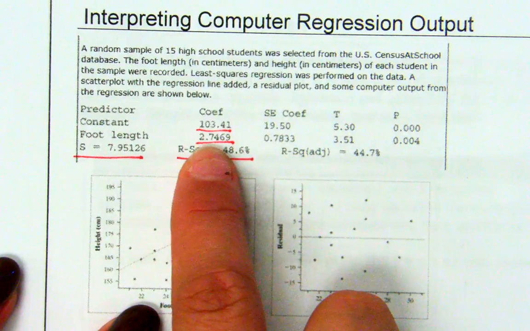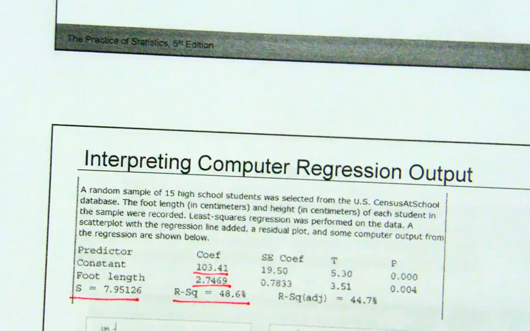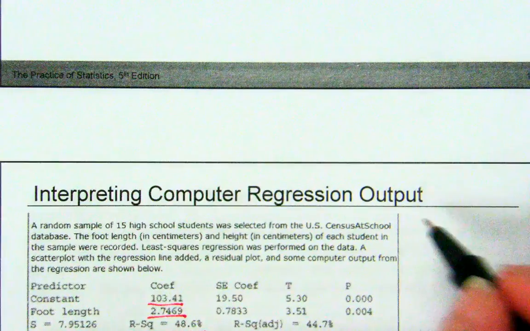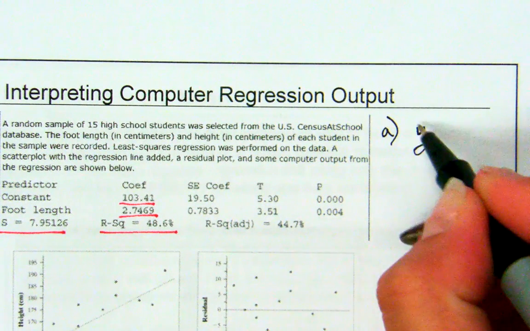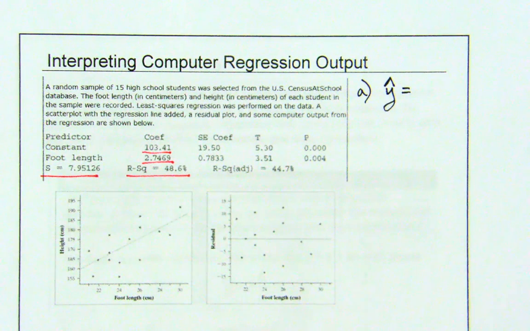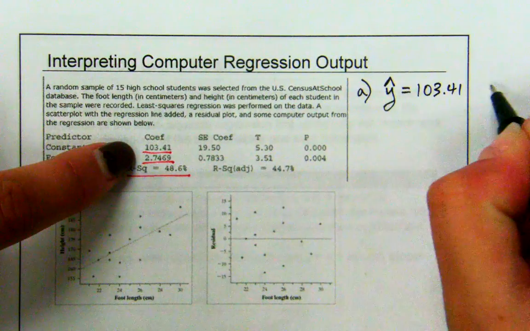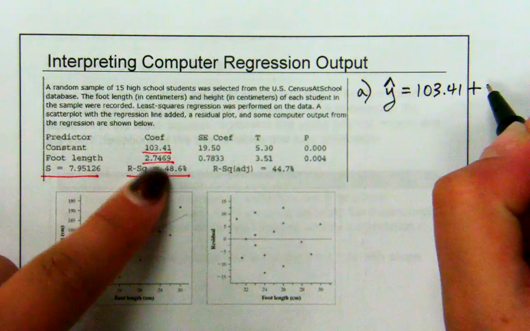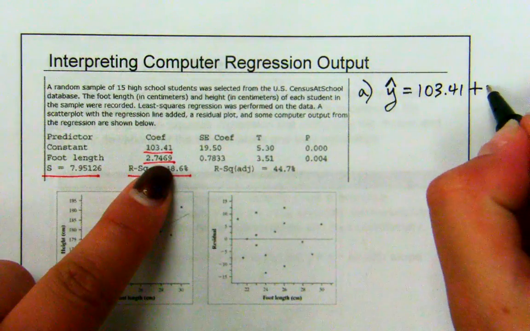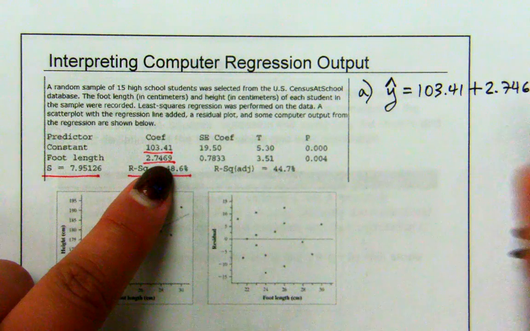Okay, so your equation is going to come from your coefficients, constant, and your foot length. So you should get, for part A, y hat equals 103.41 plus, we're in the positives, right? Plus 2.7469x.